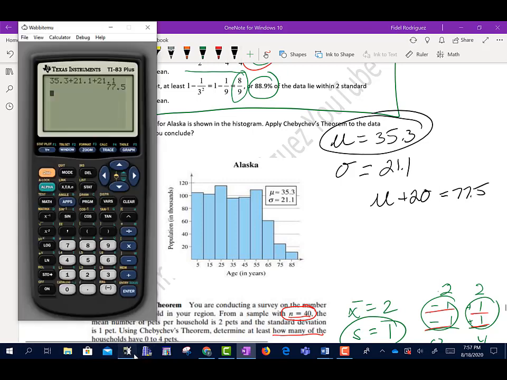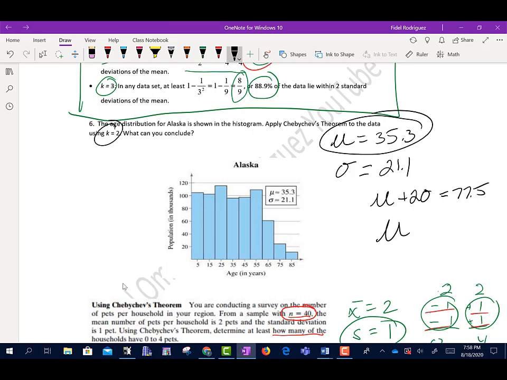Okay. Now let's subtract it. So let's go 35.3 minus 21.1 minus another 21.1. And if you notice, I'm coming up with a negative number. So you can't have a negative age, right? So we're just going to say 0.